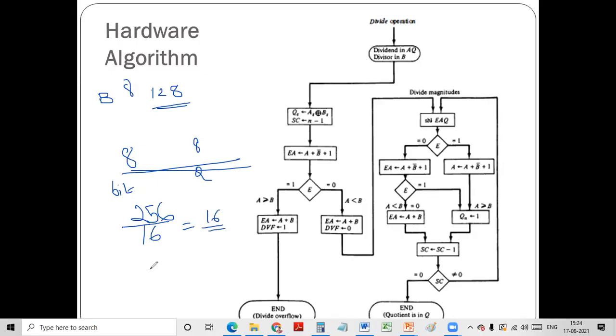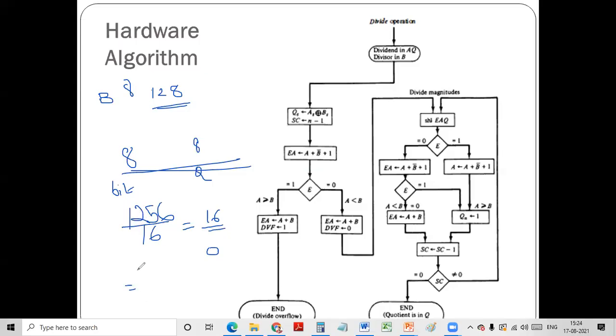So which we can store. The remainder is 0. Let us suppose my dividend is 1256. 1256 by 16.